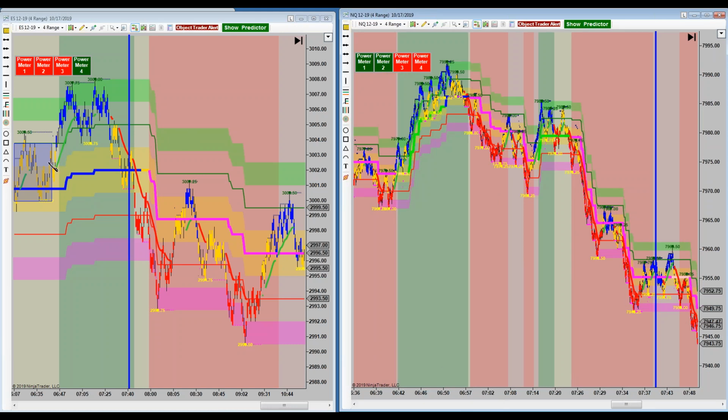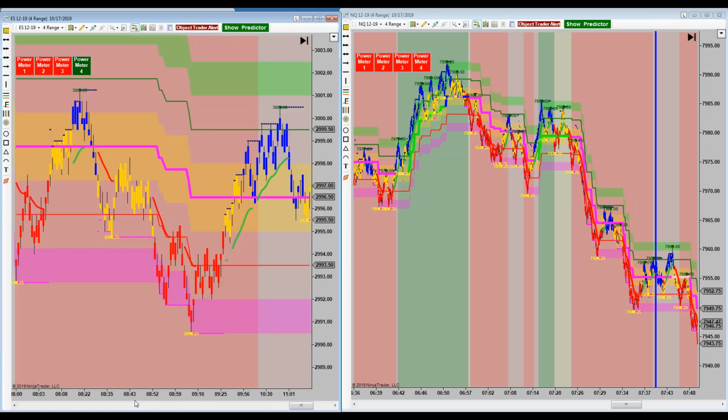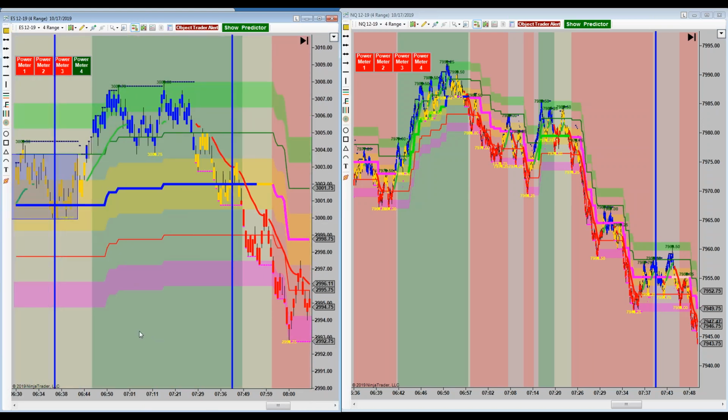So let's put a line over here at 630. That can't be right. That doesn't look right. It looks like I have corrupt ES data here. I'm going to have to fix my database tonight. I know for a fact it wasn't like that. But, you know, that's what it's showing, so we'll go with that.